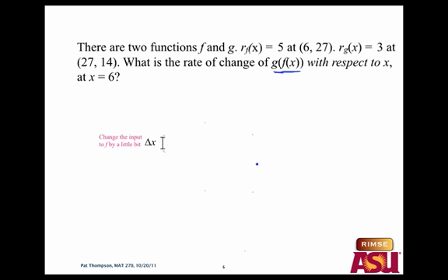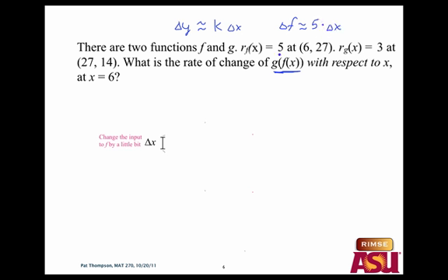Okay, again, rate of change in y approximately equal to k delta x. Or in this case, the change in f approximately equal to the rate 5 times delta x.